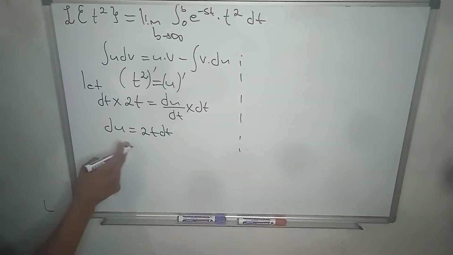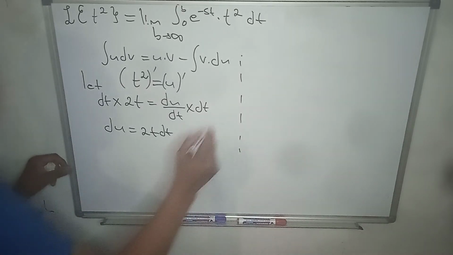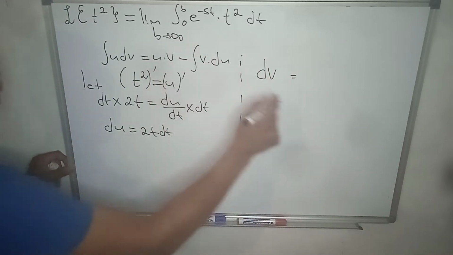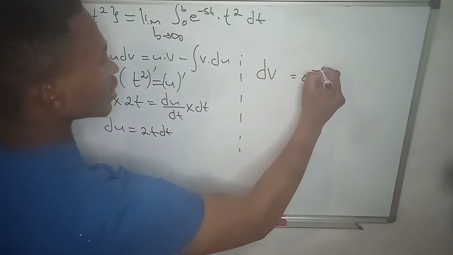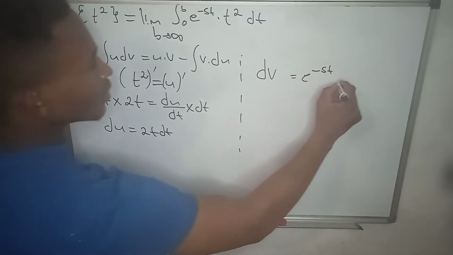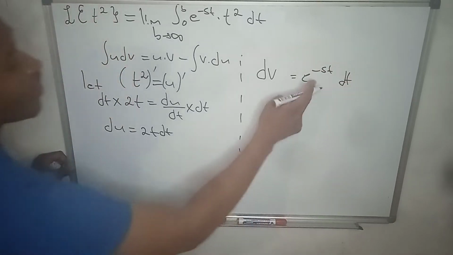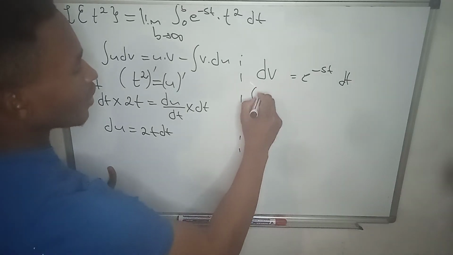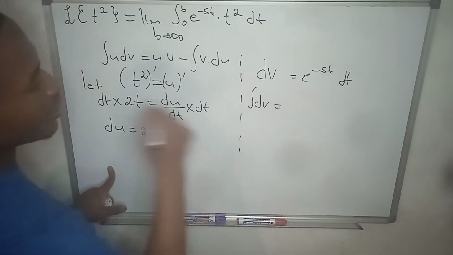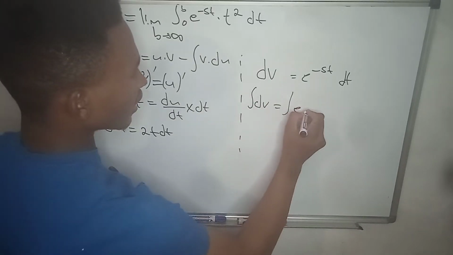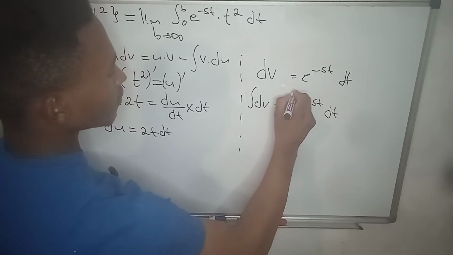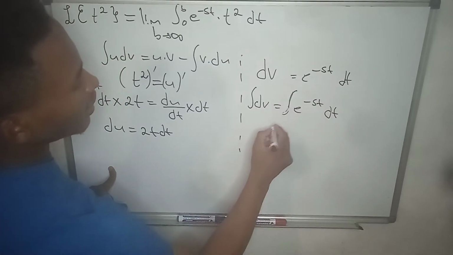That is my du. So what is my dv? My dv equals this exponential function, e to the minus st dt. In this case, our s is constant. If we find the integration of dv, we integrate with respect to t.